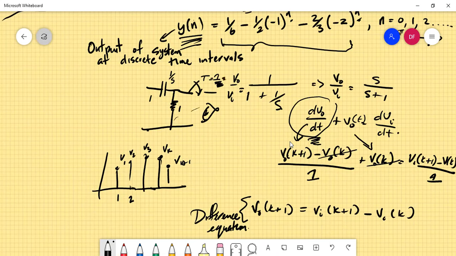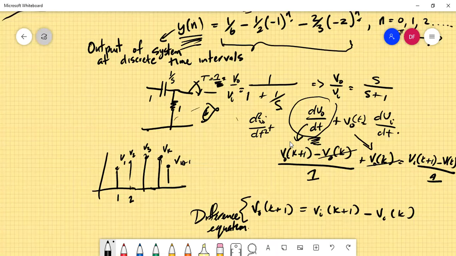So that is how we end up with a difference equation for our system. We replace each of the derivatives. So if we had a second derivative, d2 v out dt squared plus this, then we would have to find the derivative of the derivative. So we would have a k plus 2 equation.